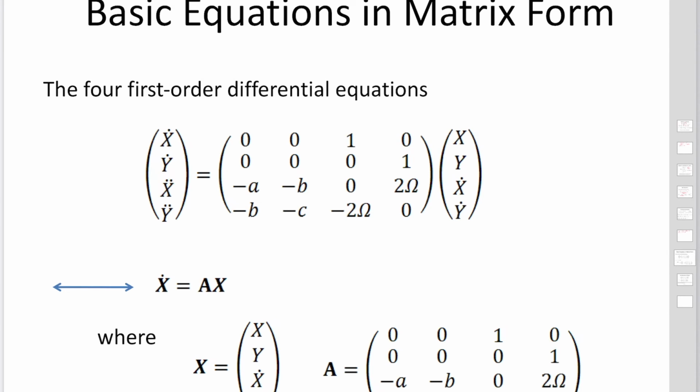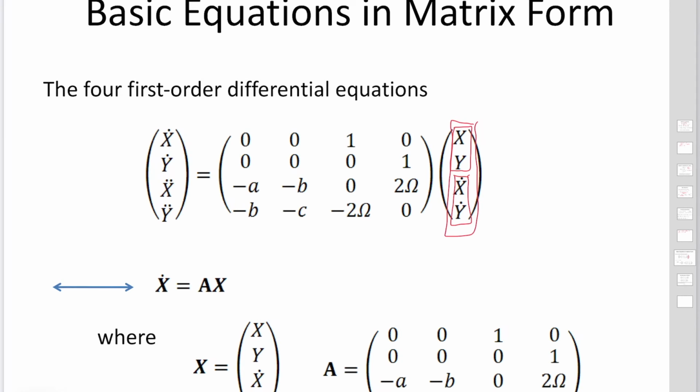In the last case we have only x and y as dependent variables, and the independent variable is t. So we extend the dependent variables with two more, x dot and y dot. These four are the dependent variables we consider.